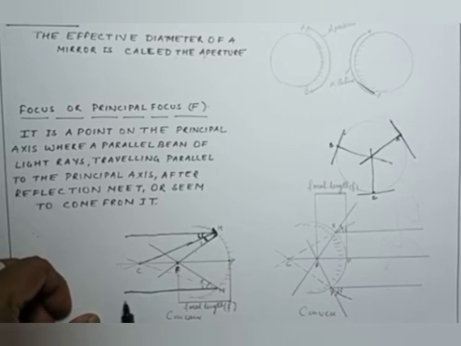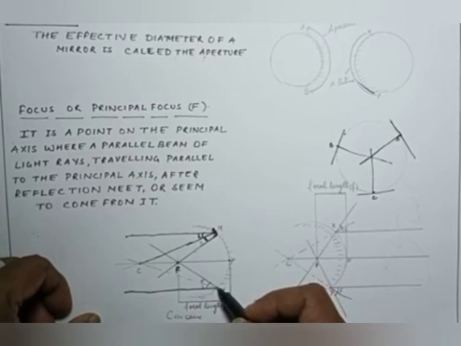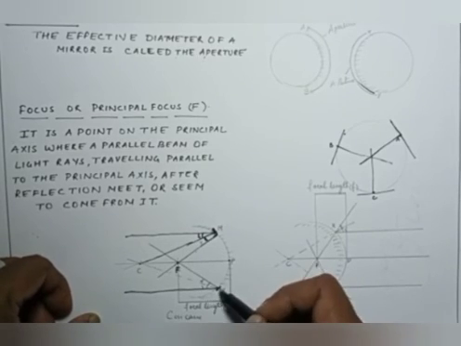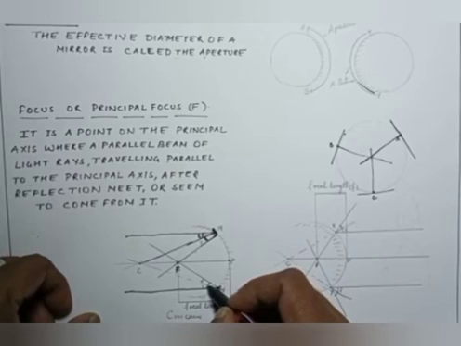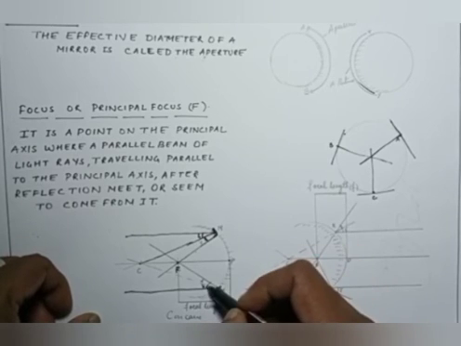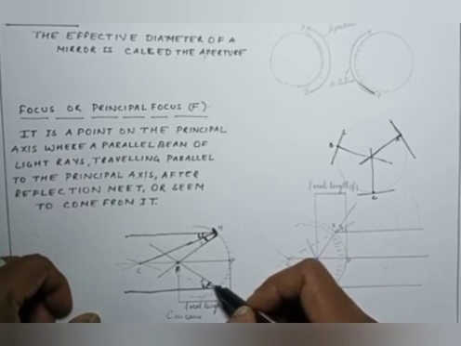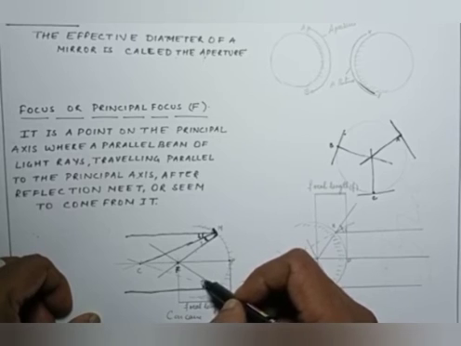Again, from this point, if I draw a line, as it strikes the mirror it forms a tangent. Through this point, if I draw a normal, it will pass through the center of curvature. This is the angle of incidence, so the same angle will be made on the other side, that is the angle of reflection.